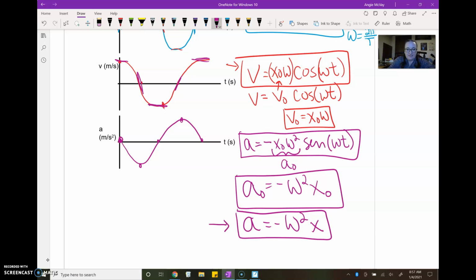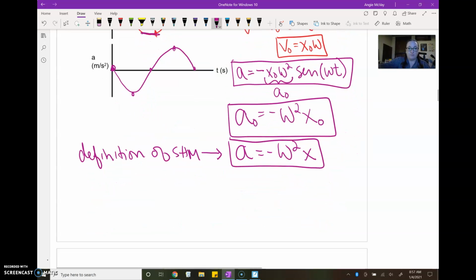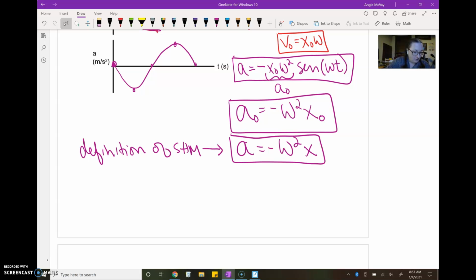Okay, and this is actually the definition of simple harmonic motion. So if there's a question that is ever asking you, is this object in simple harmonic motion, there are two things that you need to be looking for. Is the acceleration proportional to the displacement?